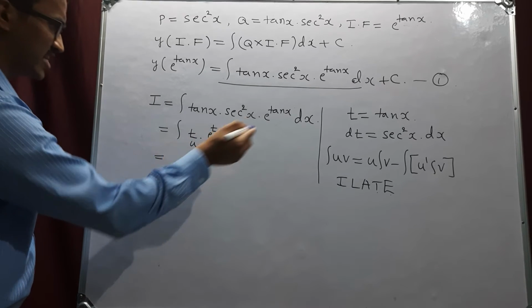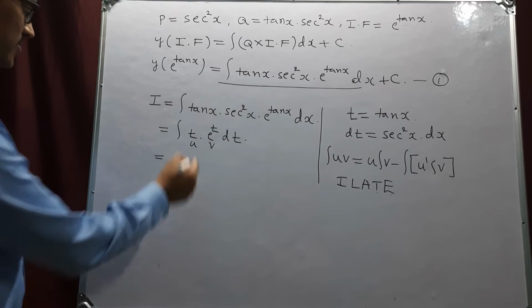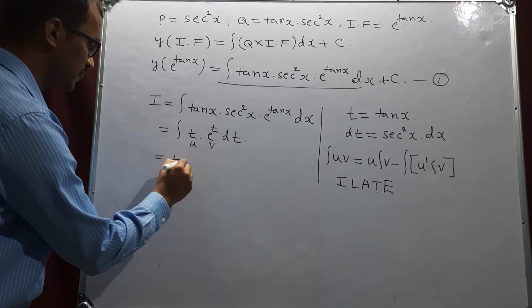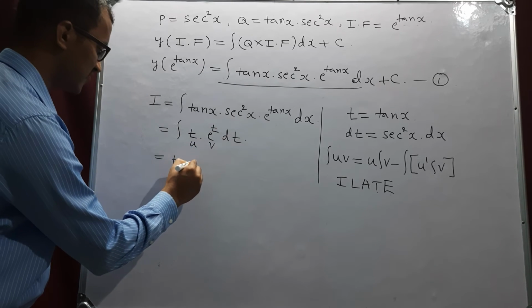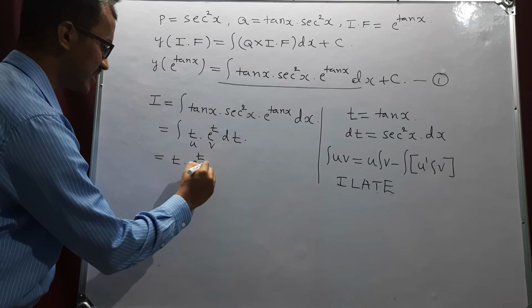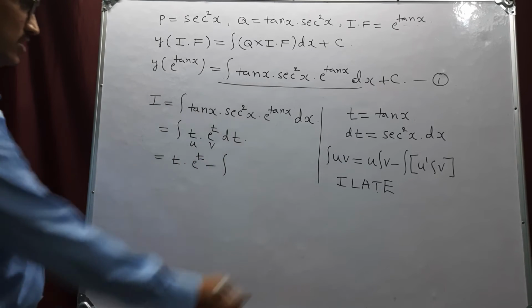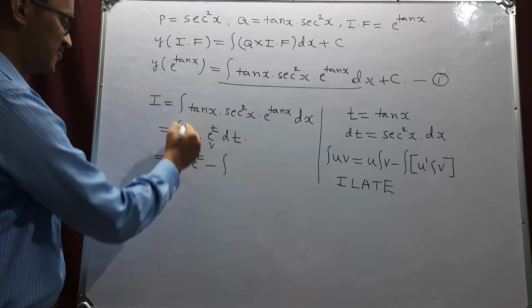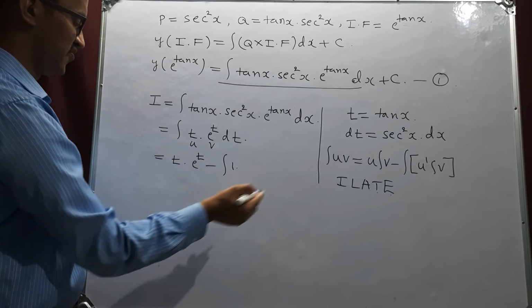So if I integrate by parts, u into integration of v, that is t into integration of e power t. Integration of e power t is e power t, minus integration of u dash, derivative of t, which becomes 1, into integration of v.